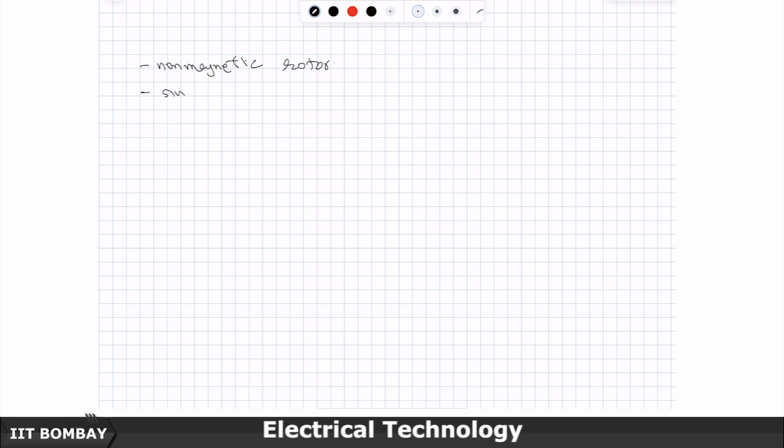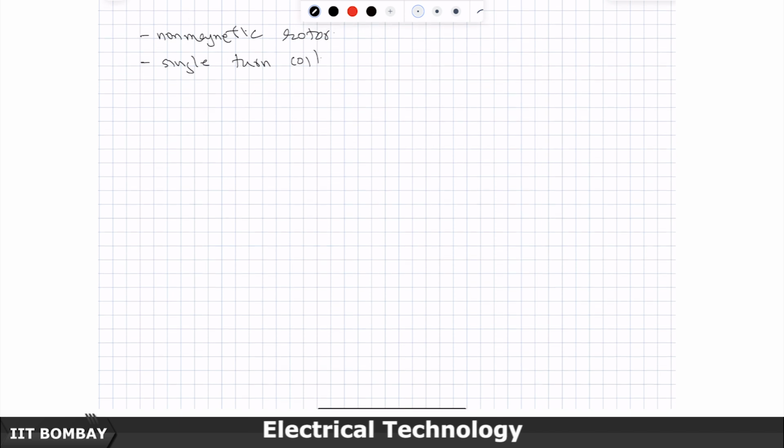It has a single turn coil, and it is placed in a uniform magnetic field of magnitude B. So, it is like this.